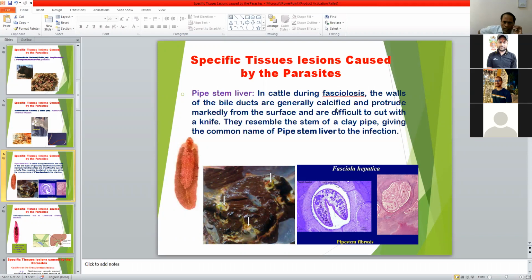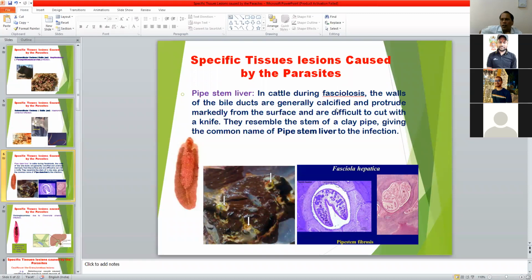Pipe stem liver occurs during fasciola infection, with the fasciola adult fluke located in the bile duct. In the bile duct, deposition of calcium salt leads to hardening of the bile duct, so it is difficult to cut with a knife and resembles a clay pipe.